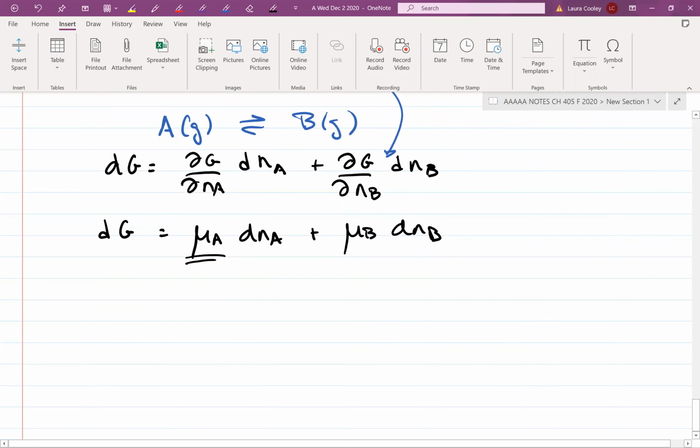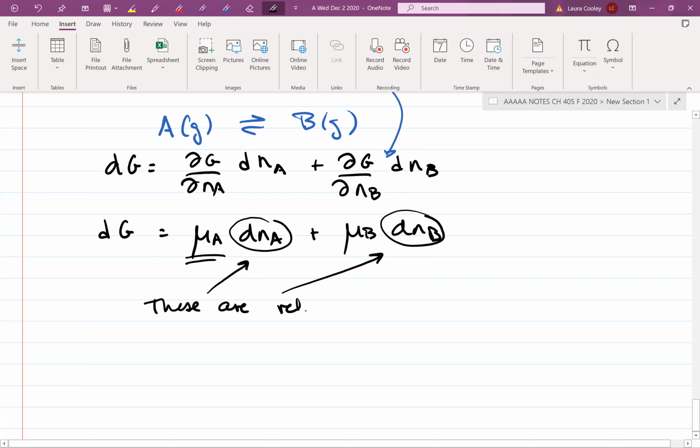Now if we consider this simple reaction and think about the change in moles of A and the change in moles of B, what do you know about them? Are they really independent? These are related, especially in a reaction as simple as this one.